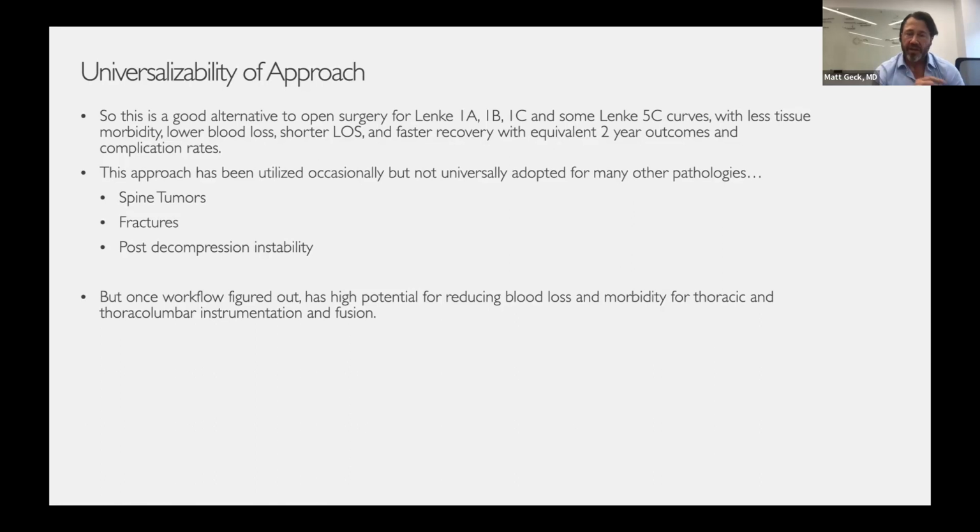But once you figure out this workflow, cases may take a touch longer, but you have a high potential for reducing blood loss and morbidity for thoracic and thoracolumbar instrumentation and fusion. So this is something I think probably is universalizable, but is going to take some work to get the approach tuned up.